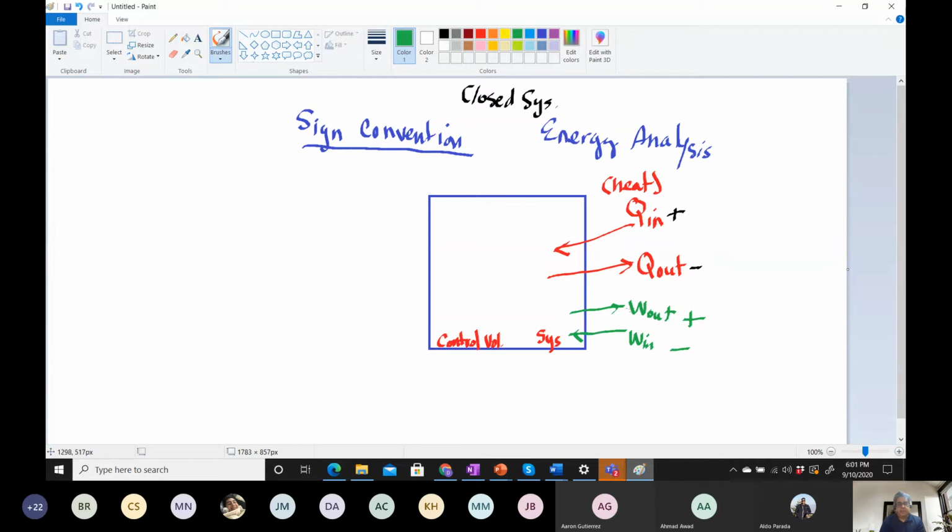So think of work as, usually we're going to be looking at piston systems, engines, pumps, power, right? For example, an electric motor. For an electric motor, you want to draw energy out of it. You want to maximize your work out and minimize your work in. So getting work out of the system is a positive thing.